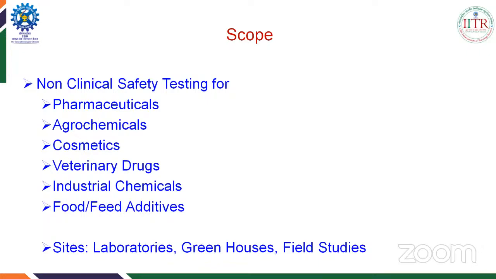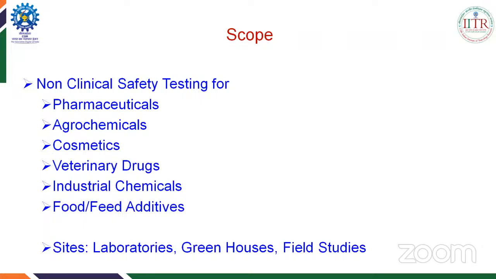This is applicable to different classes of chemicals or test substances: pharmaceuticals, agrochemicals, which would include all your pesticides, weedicides, insecticides, etc., then also cosmetics, veterinary drugs, and industrial chemicals.